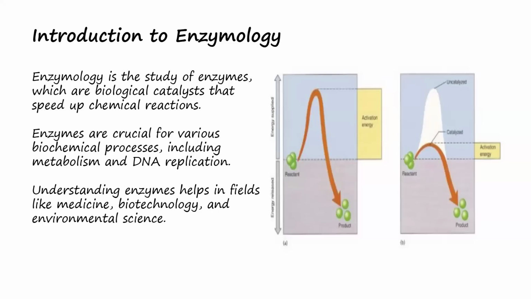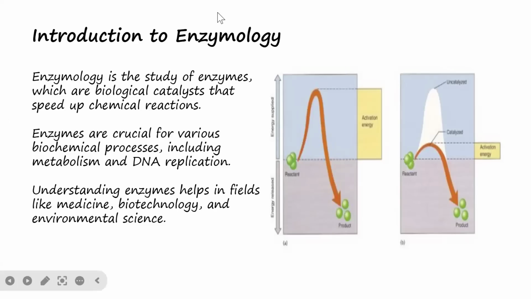And DNA replication is a process in which the DNA converts itself to another molecule of DNA, and it involves so many enzymes and proteins. So the enzymes are very important in converting one molecule of DNA into another. And DNA replication is the origin of the life processes because cells only divide when there is a DNA replication. So understanding enzymes helps in fields like medicine, biotechnology, and environmental sciences.